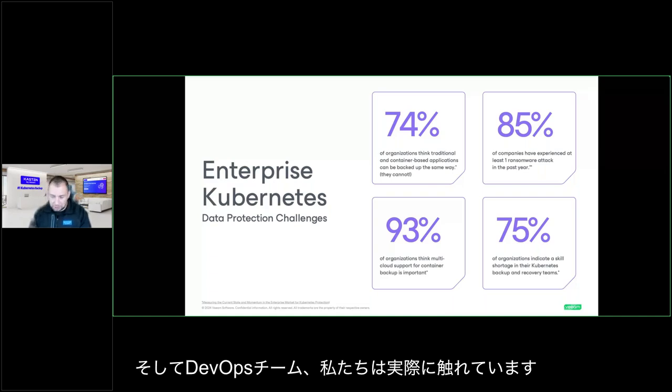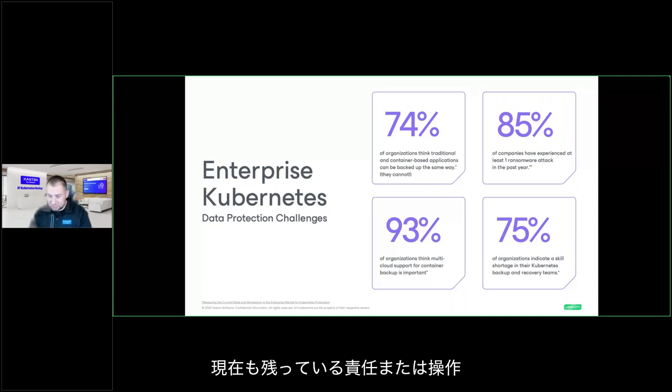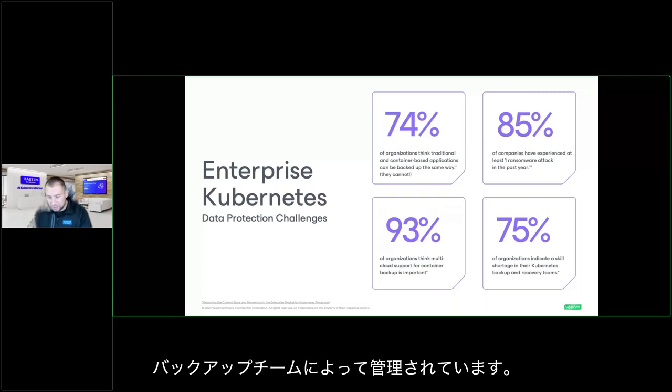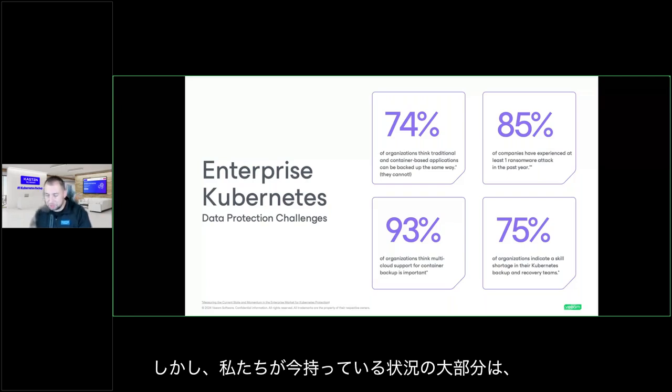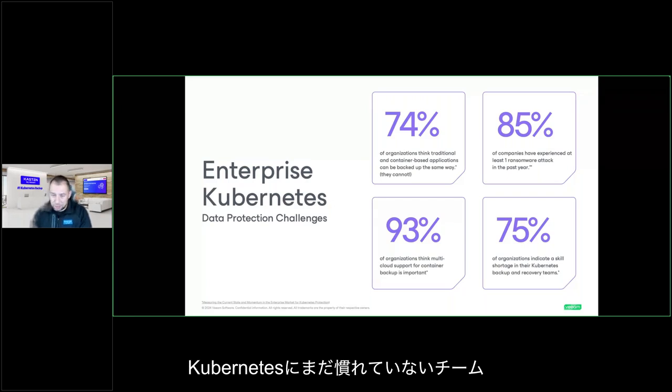We are touching responsibilities that are still spread across all those different teams in many organizations. Usually backup operations are managed by the backup team, but in the vast majority of situations, those teams are not yet familiar with the Kubernetes space.